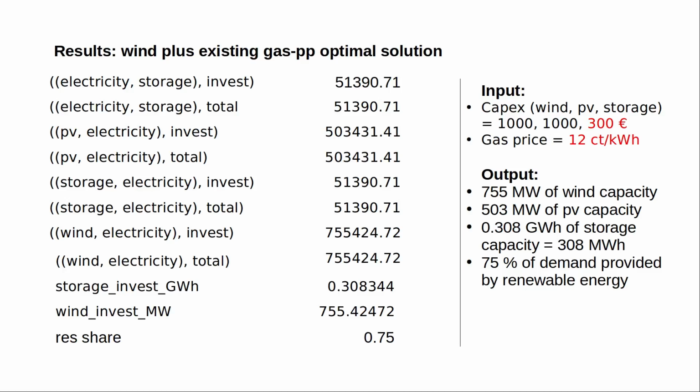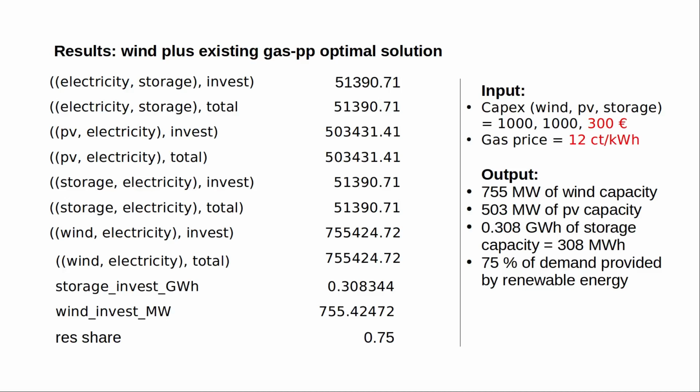As you can see on the left side of the results, we have electricity to storage, which is 51,390.71. And if you look further down, we have storage to electricity, which has the same value. This is to be interpreted as follows. It's 1/6 of our installed capacity.